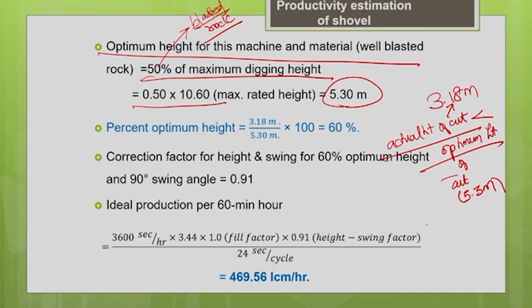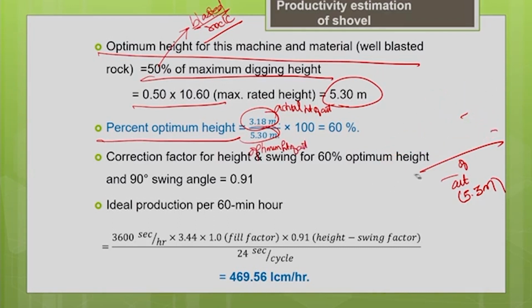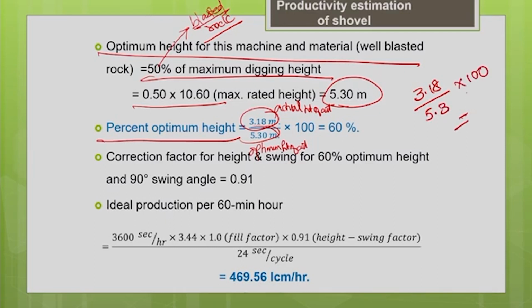For that I need to estimate the percentage optimum height. So, how do you calculate the percentage optimum height? 3.18 meter is your actual height of cut and 5.3 is your optimum height of cut. Now find the percentage. 3.18 divided by 5.3 into 100 will give you 60%. Okay, the optimum height of cut percentage is 60%.